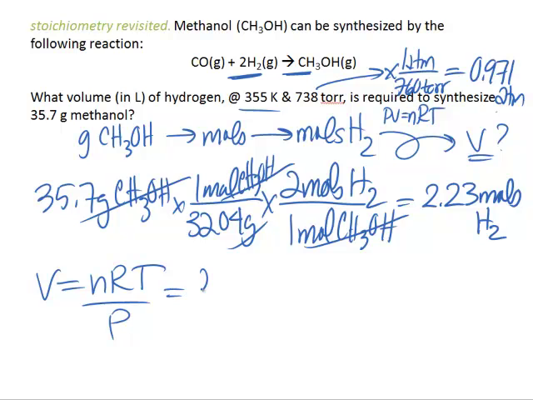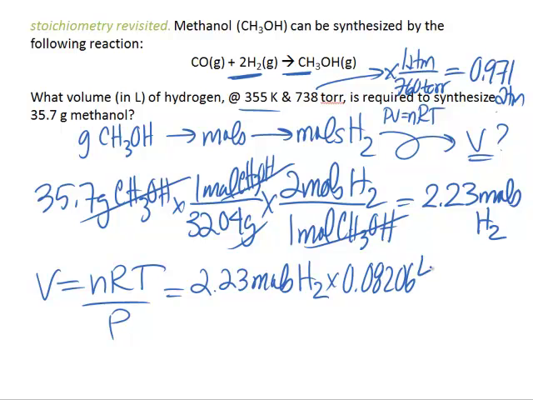We know that we have 2.23 moles of hydrogen times our ideal gas law constant, 0.8206 liters atmospheres per mole Kelvin, times our temperature, 355 Kelvin.